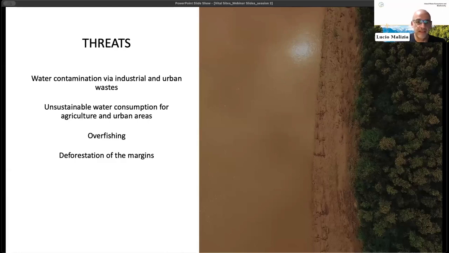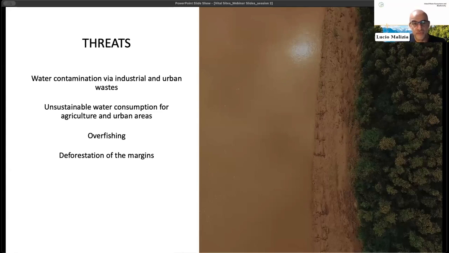A little behind are the urban wastes that require public investment, and there is a better scenario now, but still many things have to be done to really secure the water quality.